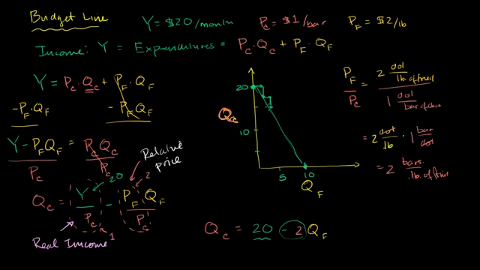Now, one statement I did just make, I said every point on this line is a possibility. And I can only say that if we assume that both of these goods are divisible goods, which means we can buy arbitrarily small amounts of it, that we could buy 1/10 of a bar of chocolate, or we could buy 1/100th of a pound of fruit.